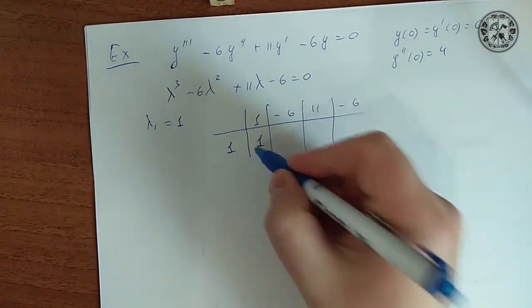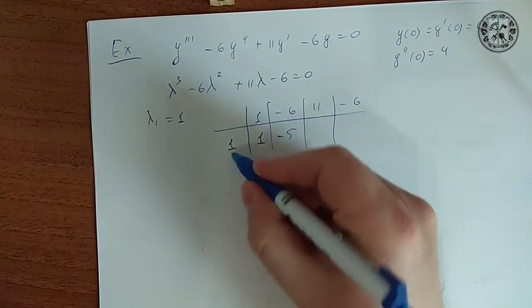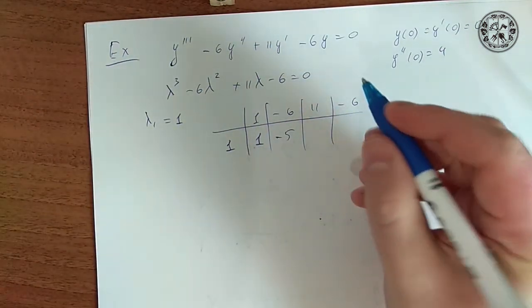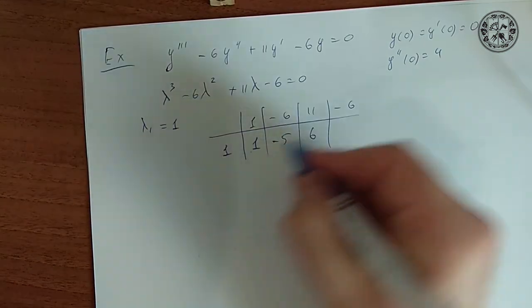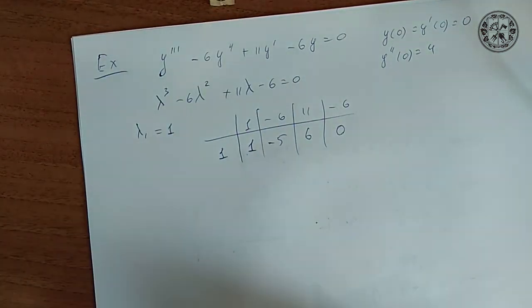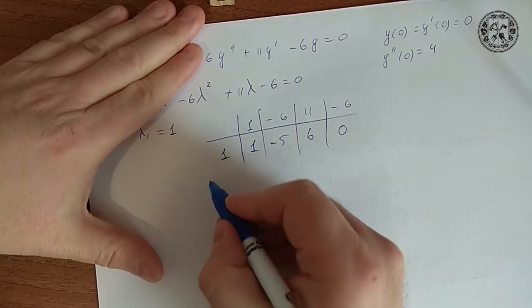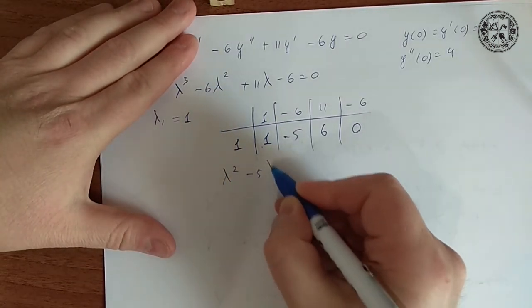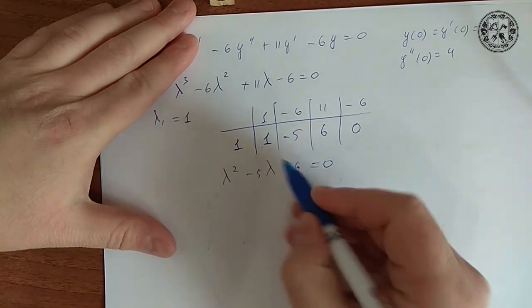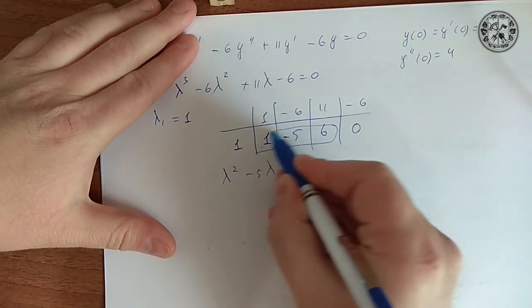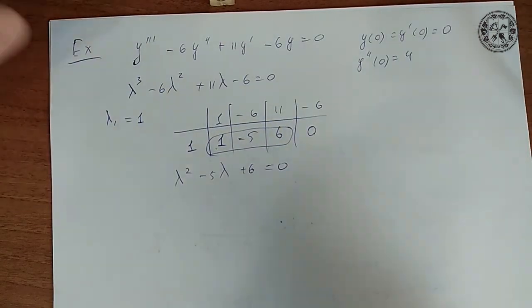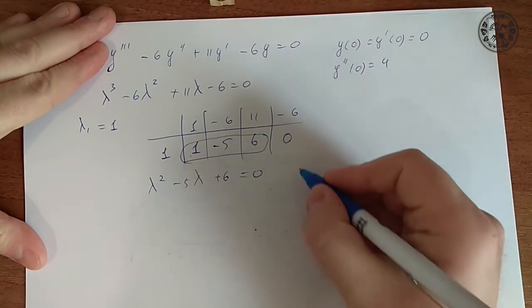So 1 by 1 minus 6 will be minus 5, 1 by minus 5 plus 11 will be 6, and 1 by 6 minus 6 will be 0. So now we have new equation, lambda square minus 5 lambda plus 6 equals 0. Coefficients are taken from here. After that, we just solve it as the usual quadratic equation.